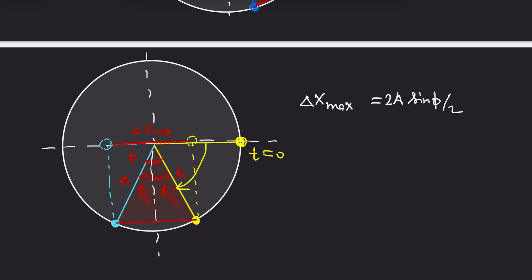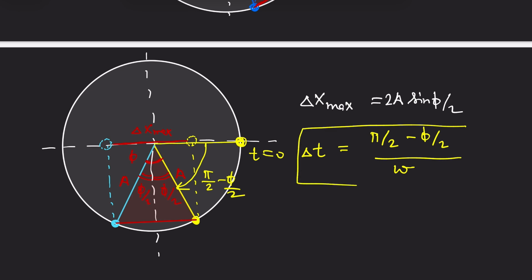So this angle is nothing but 90 minus this angle, which means this angle would be simply pi by 2 minus phi by 2. So we can say that the time to take this for the first time is (pi by 2 minus phi by 2) divided by omega.